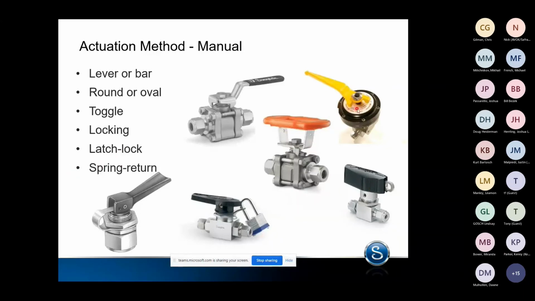And then from a spring return standpoint, I hesitate to mention this because we kind of can offer it, we kind of can't. We've got a couple of suppliers that can make a mounting bracket for a spring assist manual handle on our ball valves. Traditionally, this is called a dead man handle.